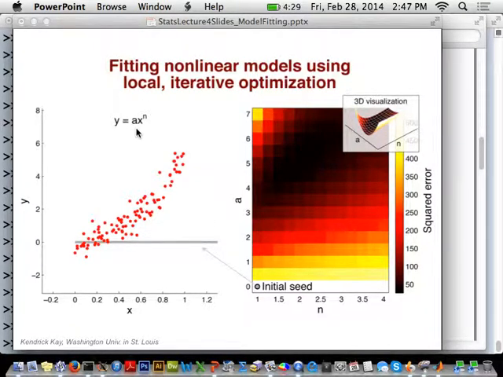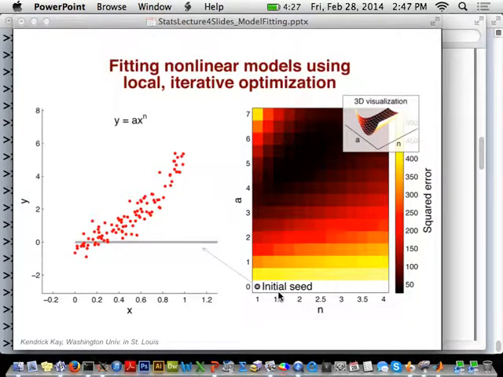Well, 0 times anything is 0, so really the model is y equals 0. And lo and behold, we plot that model, it looks like this. So y is always 0. This gray line is one potential model fit according to this model. And it's a very bad one, as you can see. It doesn't get close to hardly any of the data points. But it is a model, it's fine, and that corresponds to exactly this part of the space.